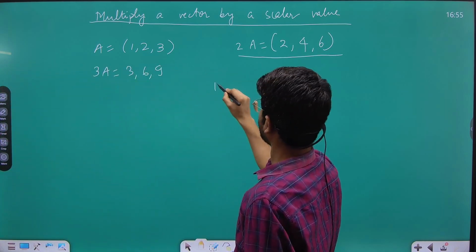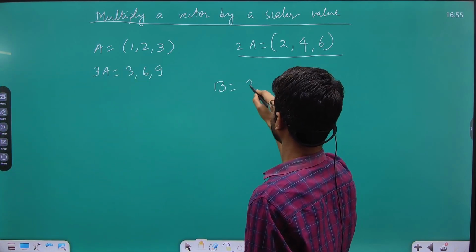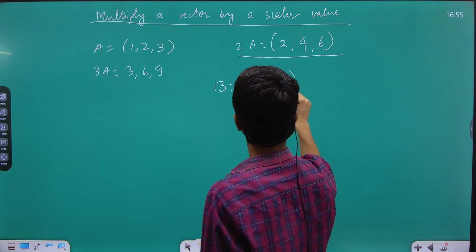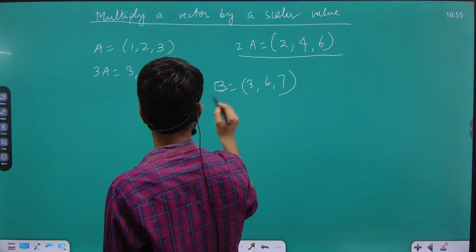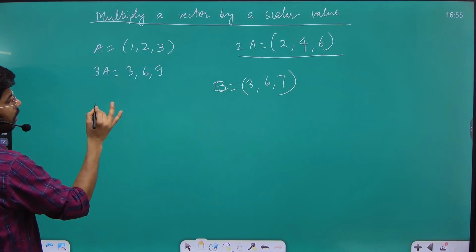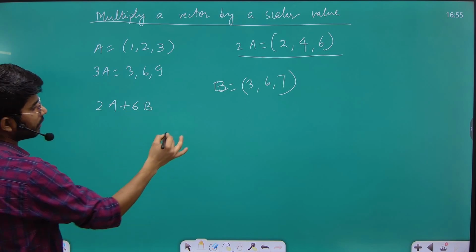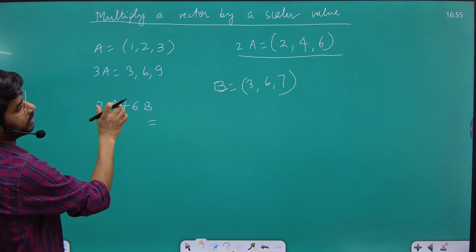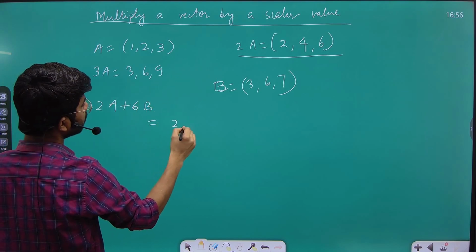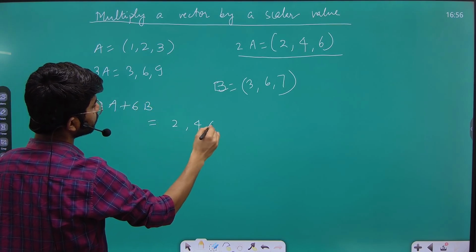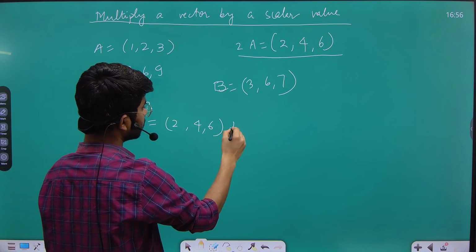Suppose you are given another vector b represented by 3, 6 and 7. So if you are asked to find the value of 2a plus 6b, you will find 2a first. So 2a would be 2, 4, 6 plus 6 of b.